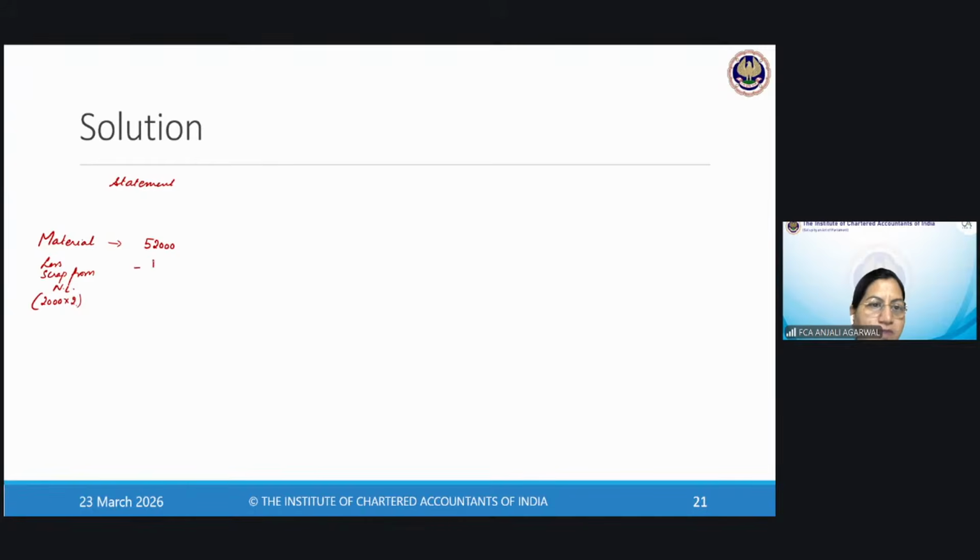So minus 4,000. So the total cost of material is 48,000, which is to be borne by equivalent units of material, which is 16,000. So the cost per unit comes out to be, for material, 3 rupee per unit.